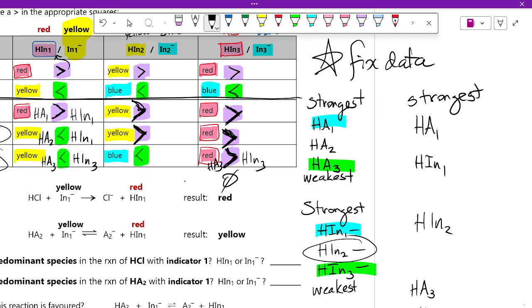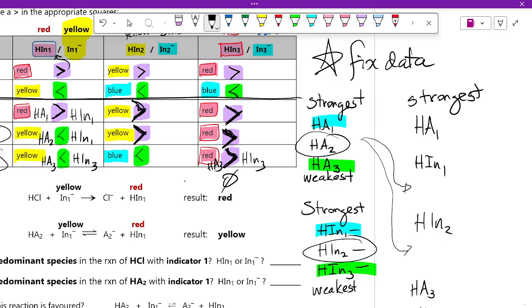And now I need to figure out where HA2 goes. Is it going to go here or here? The top one or the bottom one?